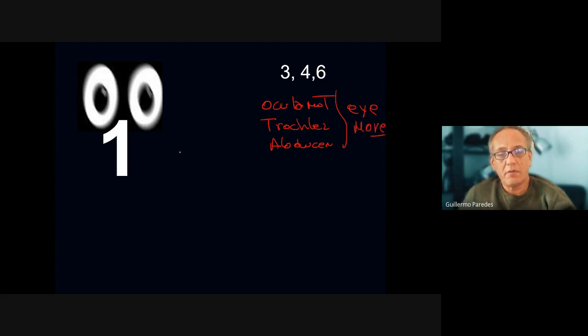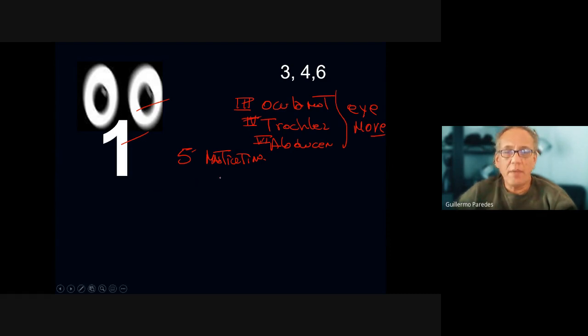Number 5 is going to be the mastication, the trigeminal. So we have 1, 2, 3, 4, 5, and 6. So we have 7 more.